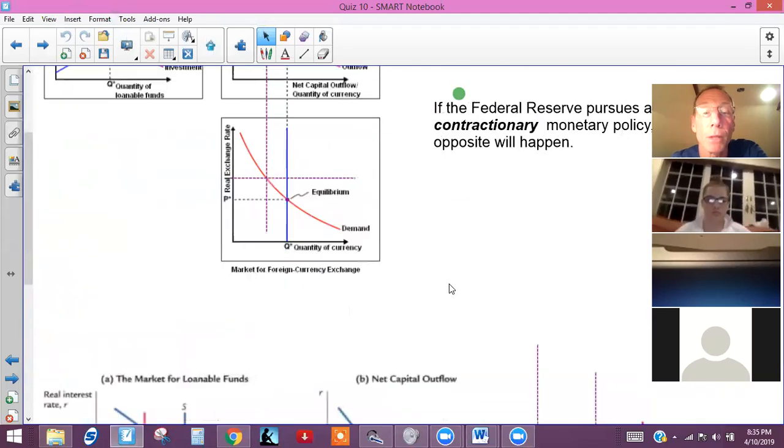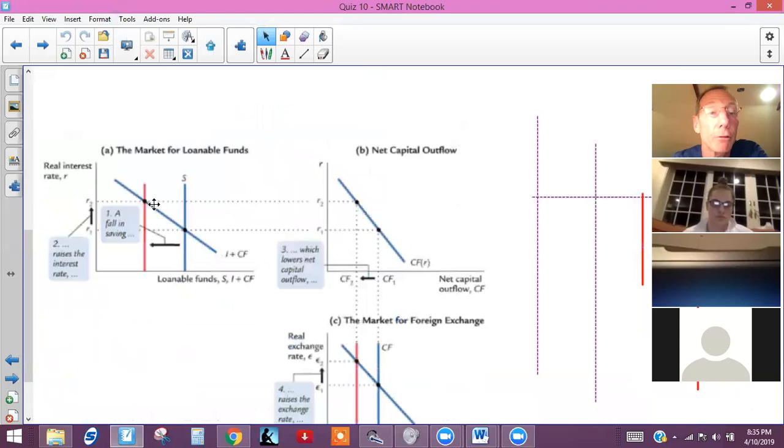So if you have interest rates, well, actually, the first thing that's going to happen is you would have a fall in savings, right? This is a graph you haven't seen, so don't worry about it. The thing we want to start with is that interest rates are going to go up.